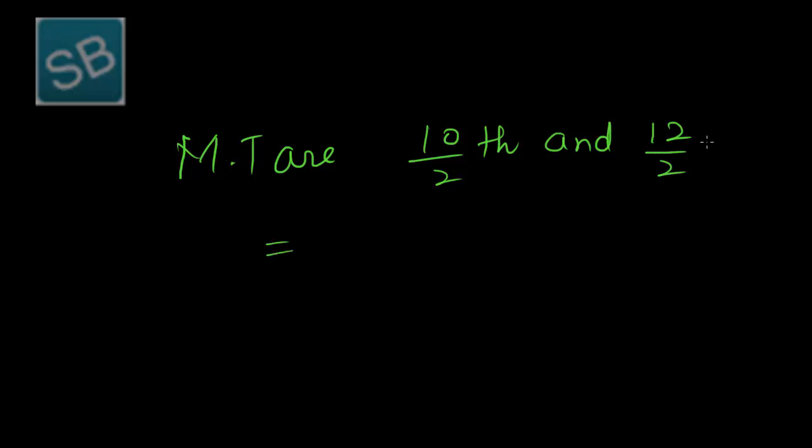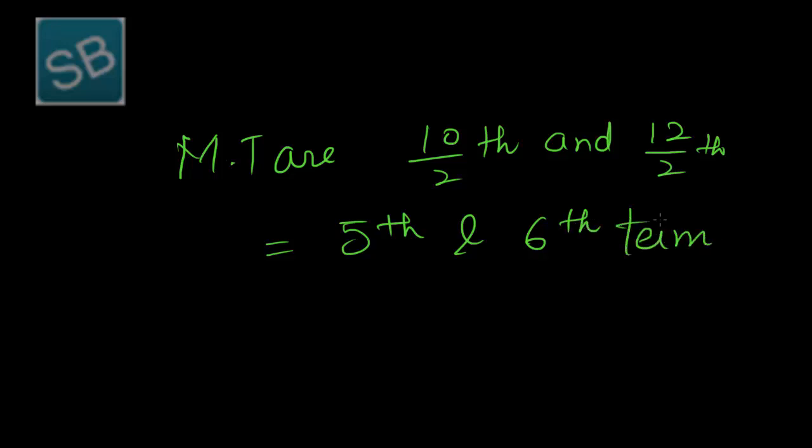That is, the middle terms are the fifth and sixth terms. So we have to find T5 and T6 to get the middle terms of the expansion (a + b) raised to power 9.